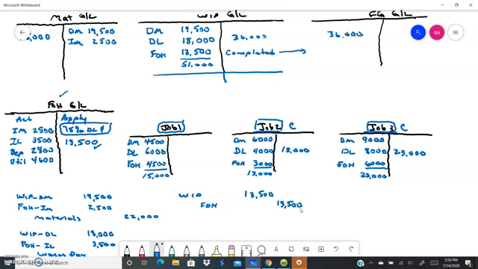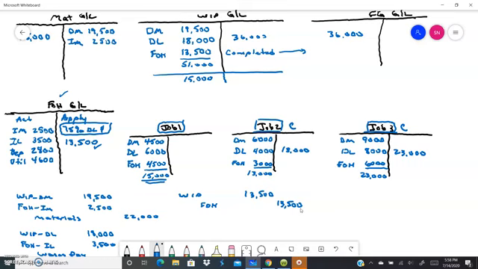Those are the two jobs that are completed, and that 51,000 minus 36,000 up above would leave us 15,000 of ending inventory, and that's exactly what job 1 is, 15,000. That stays in work in process until it's completed, perhaps the next period.